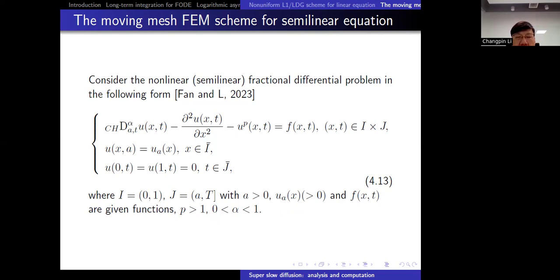Otherwise this term is not defined, and the problem is not well posed. Here, p is bigger than 1.